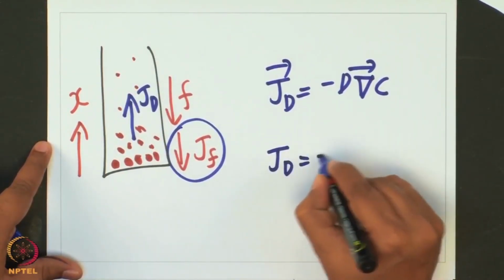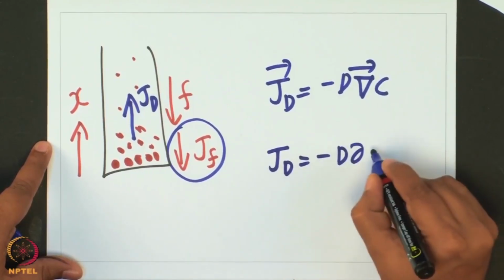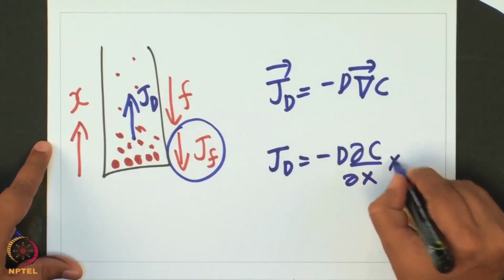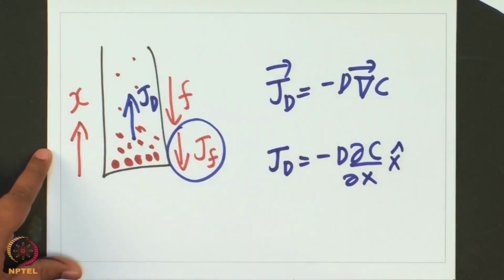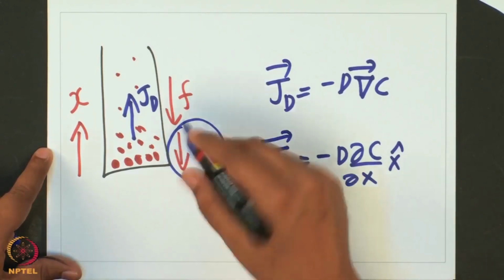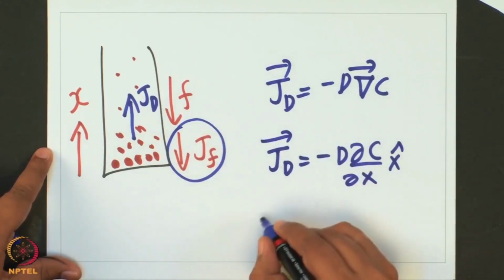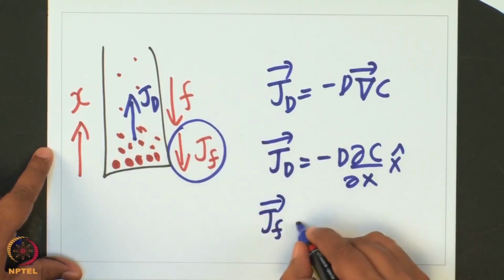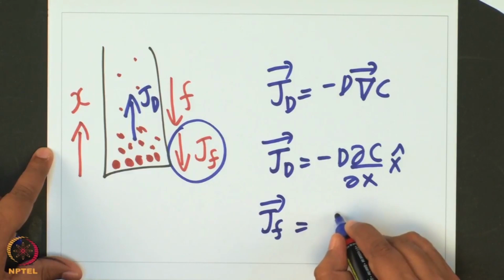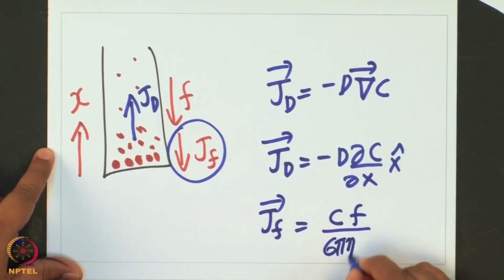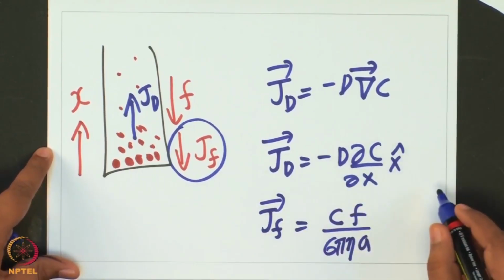So, let us write this minus D del C by del x along x cap, which is this way, and so this is the diffusing current, and the other one, the current downwards, which we already know, which is C F by 6 pi eta a. So, we know these two currents.